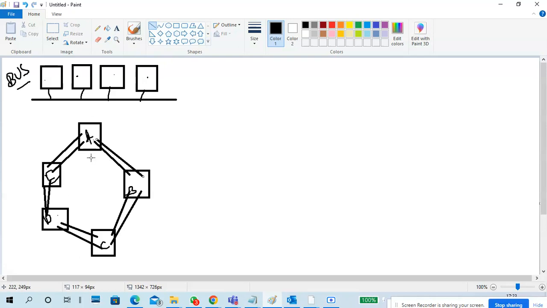In one path, A B C D E communication, and in another path, A E D C B. So if I want to send a packet from C to B, I will send it like this.